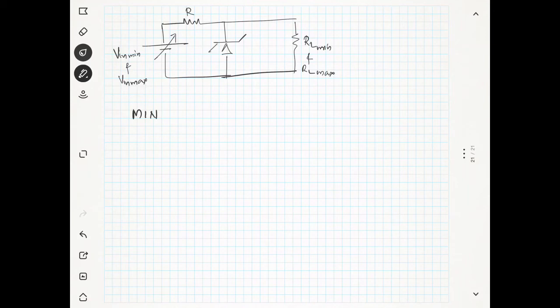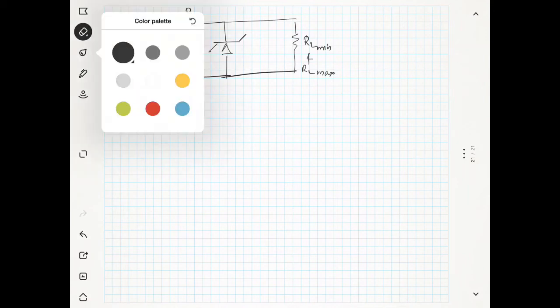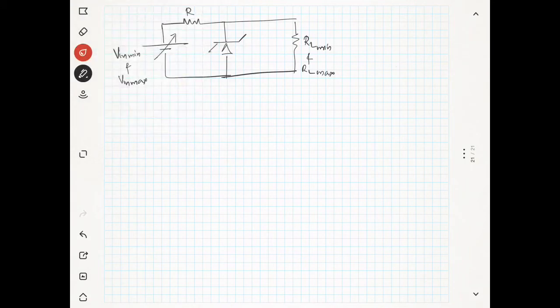I will classify our condition into two, because we have the condition that IZ should be greater than or equal to IZK, and IZ should be less than or equal to IZM. So this is the operating region. So this is the minimum limit, and this is the maximum limit.